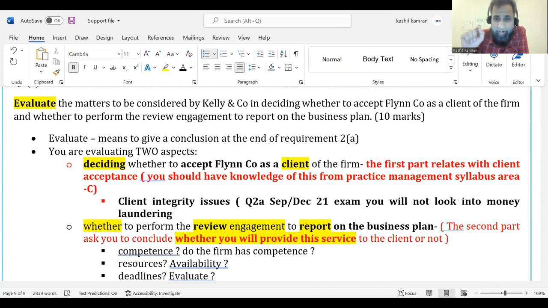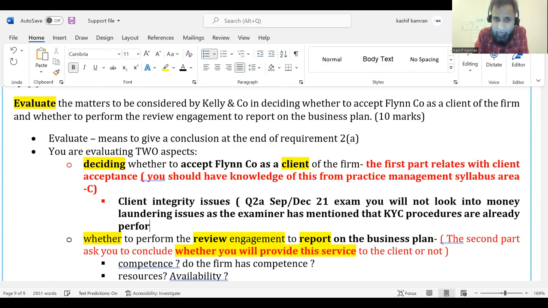So in question number 2A of the September-December 21 exams, you will not look into the money laundering issues, as the examiner has mentioned that KYC procedures are already performed.